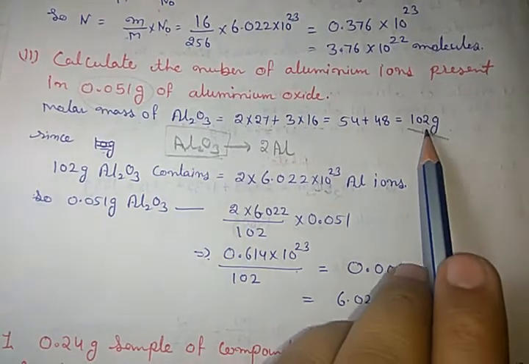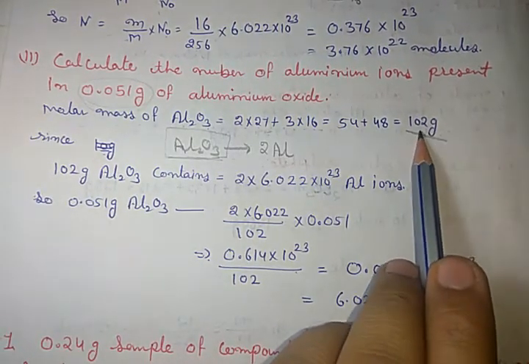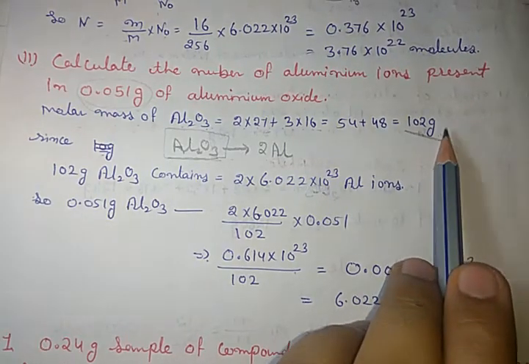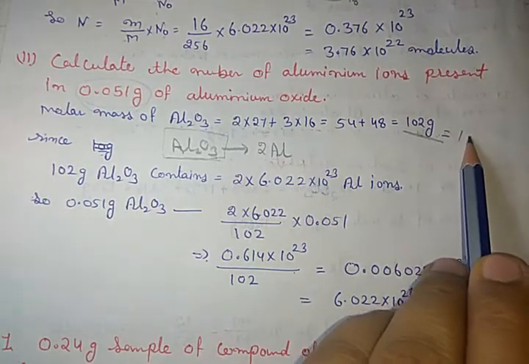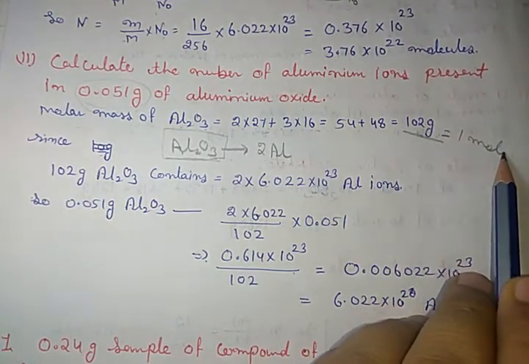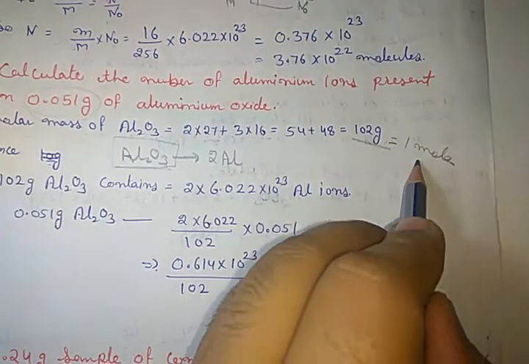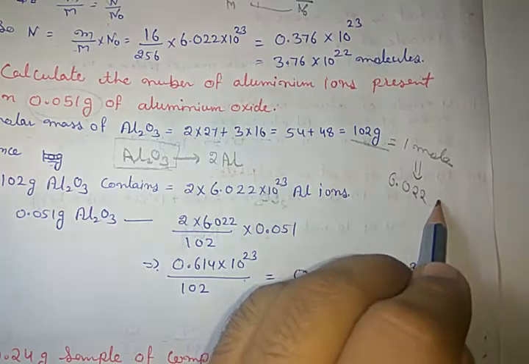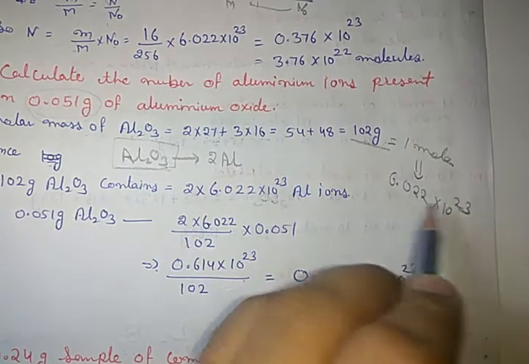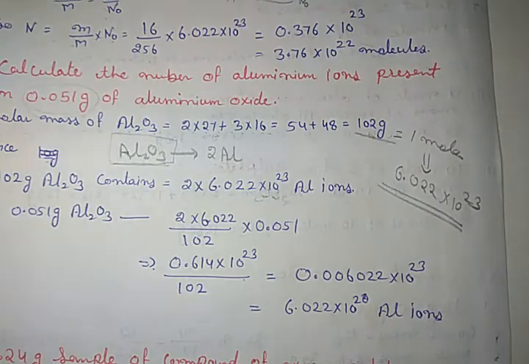That means when we take 102 gram aluminium oxide, it will be equal to its 1 mole. And as you know, in 1 mole the number of particles equals Avogadro number, that means 6.022 into 10 to the power 23.